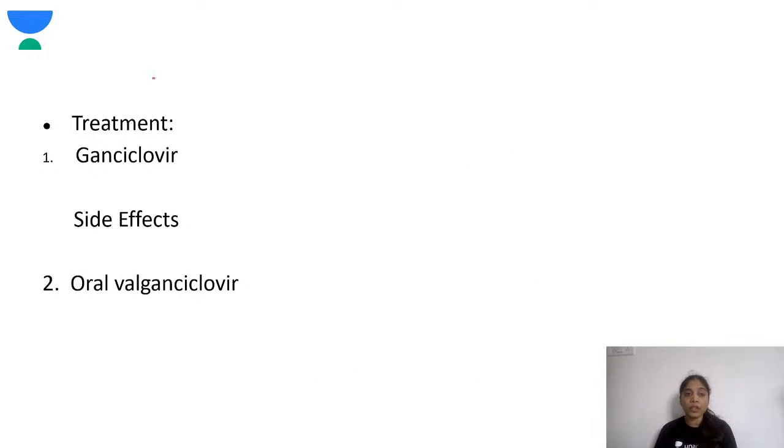The treatment for this is ganciclovir. This is a parenteral IV treatment. There is an induction phase and a maintenance phase.